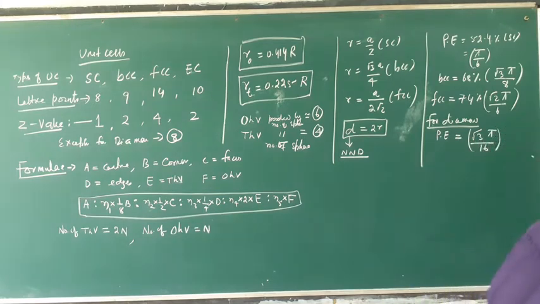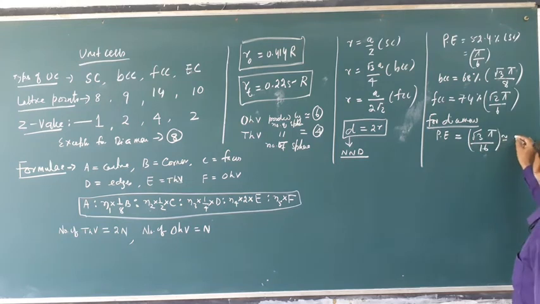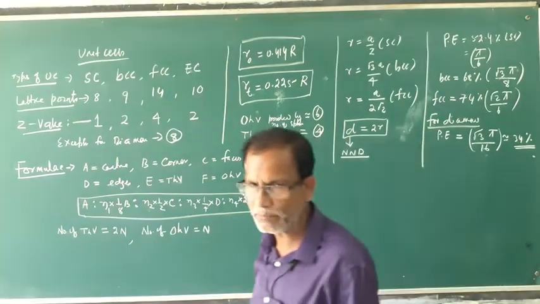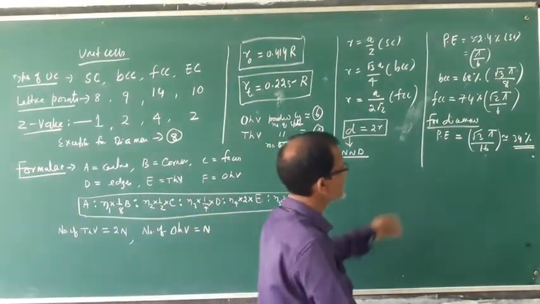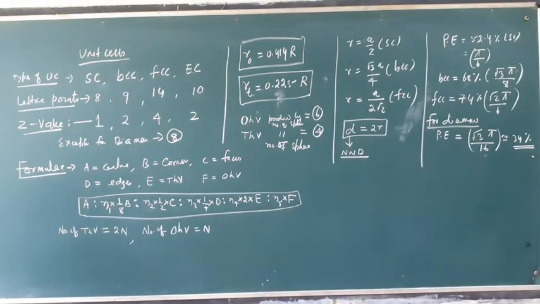In terms of percentage, it is 34%. Compare BCC, root 3 pi by 8, with root 3 pi by 16. If root 3 pi by 8 is 68%, then root 3 pi by 16 will be half of 68%, that is 34%. Very important for diamond. For diamond crystal, the packing efficiency is 34%. This is regarding packing efficiency.